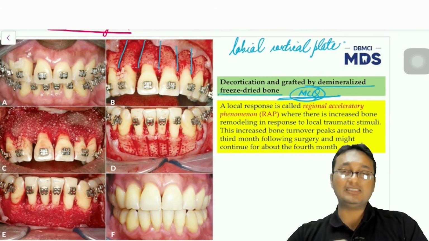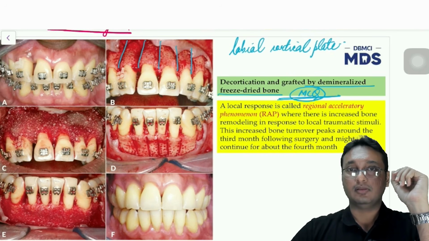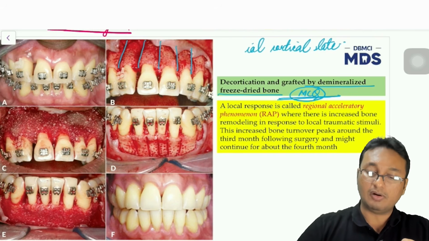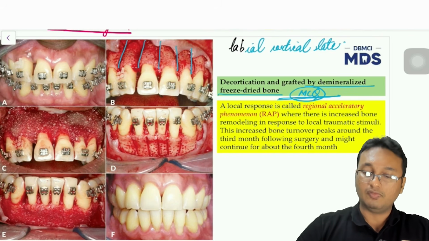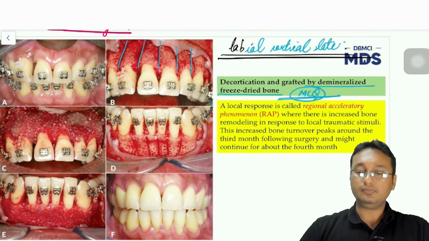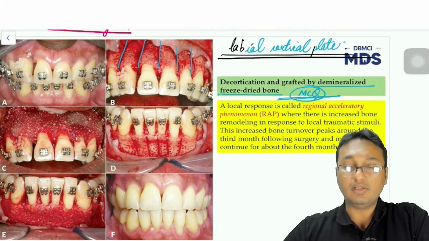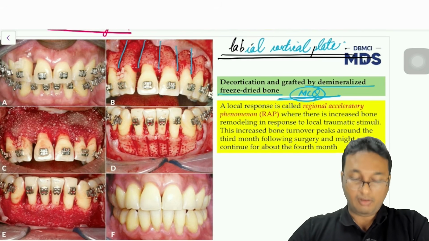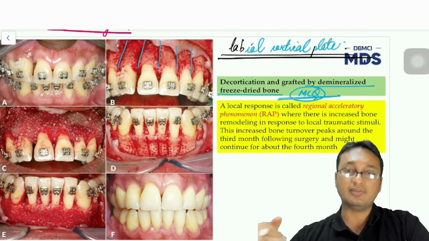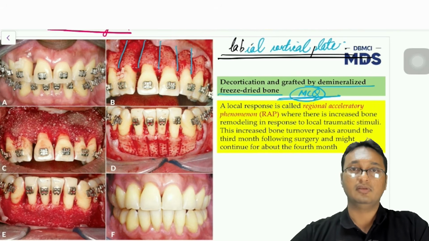Now, what is happening? You are intentionally creating certain microtrauma to the teeth. I just said we do the corticotomy of the labial cortical plates. So we are intentionally inducing the trauma. Now, because of the trauma, there is inflammation, and whenever there is inflammation, there is influx of inflammatory mediators, especially the cytokines, right?